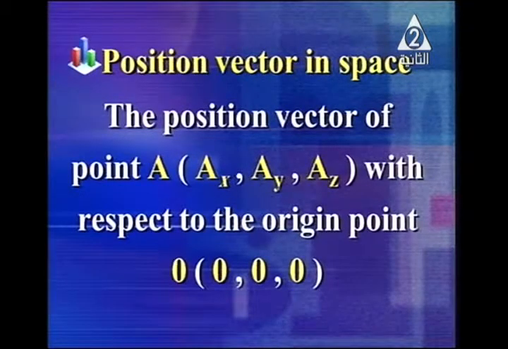Dear student, first we studied the position vector in space. What do you mean by the position vector of point A? In this case, we have point A with 3 dimensions: AX, AY, AZ, with respect to the origin point. What is the origin point? In space, O is 0, 0, 0.